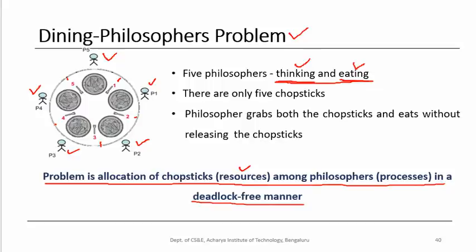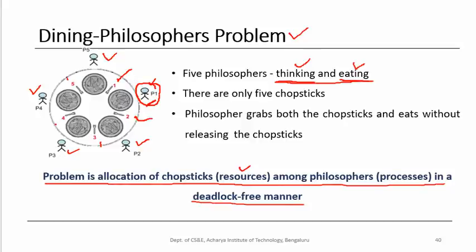When philosophers are not thinking and they feel hungry, they grab the chopsticks that are next to them, to the left and to the right of the philosopher. For example, if P1 wants to eat, he would grab chopstick 1 and chopstick 2.